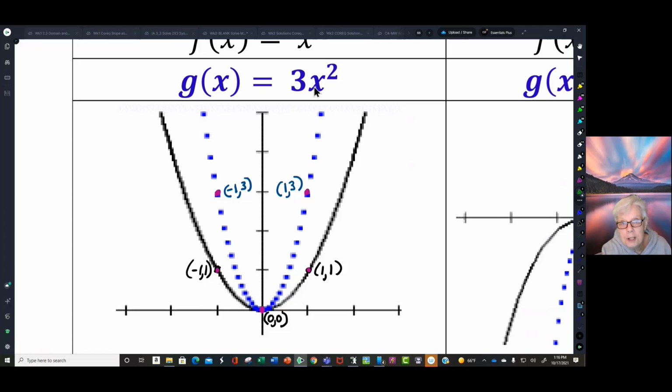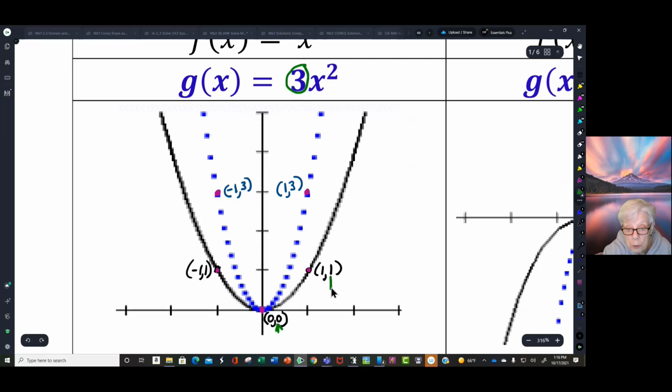Now, having a number bigger than 1, 3 is definitely bigger than 1, putting a number greater than 1 in front of my basic function makes me multiply all of the y coordinates of all the points. That means that this 0 will be multiplied by 3.